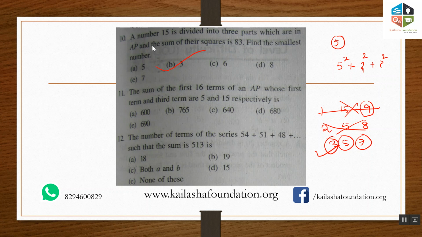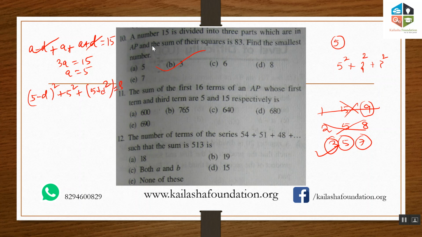But if we have to find the numbers using the proper method, the long method, then what we have to do: a minus d, a, a plus d. The sum is 15, so 3a is equal to 15, a is equal to 5. 5 minus d square plus 5 square plus 5 plus d square is equal to 83.